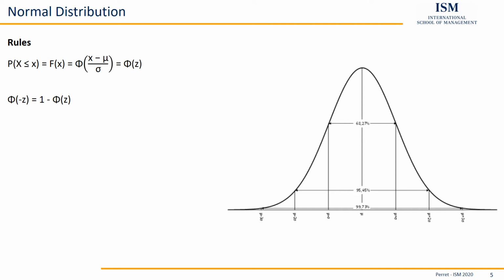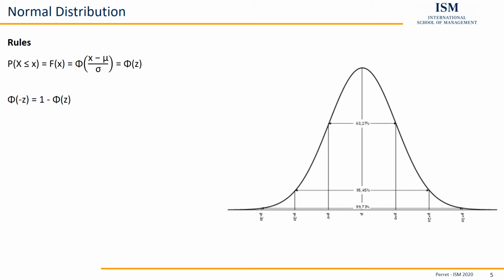So the area smaller than, in this example, mu minus 1 standard deviation, the area left of this, if I go over here, this area here, is actually equal to the area to the right of mu plus 1 standard deviation, which is this area here.